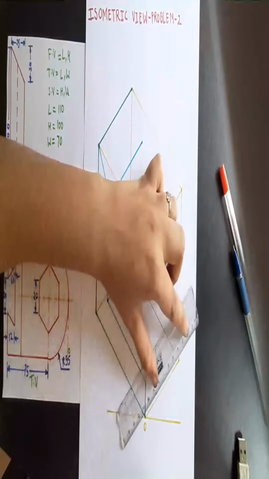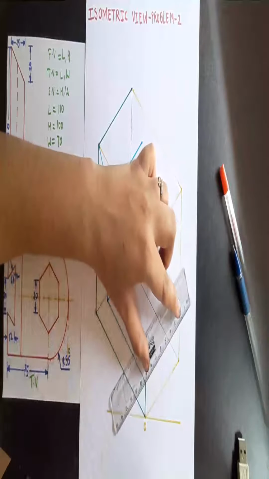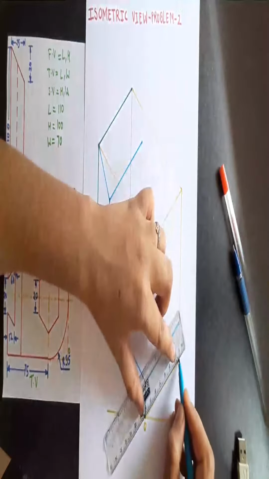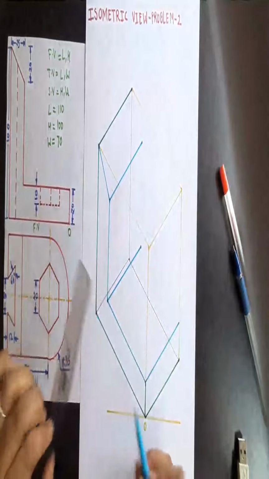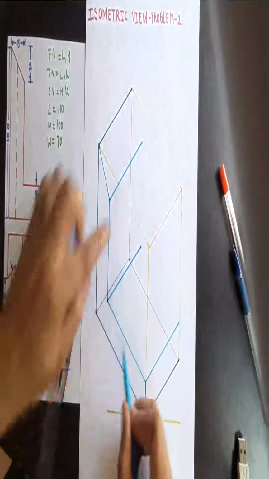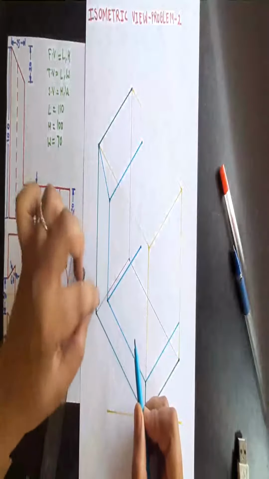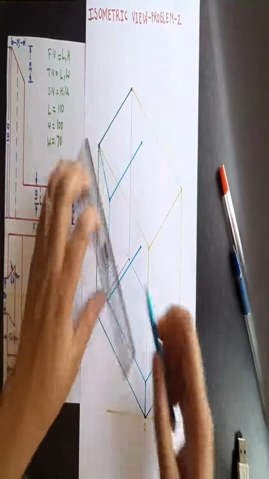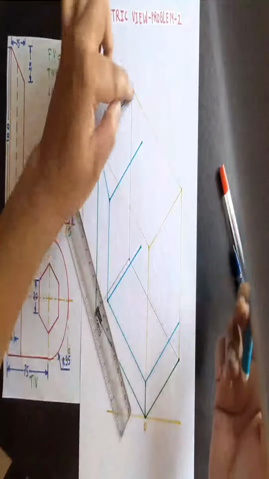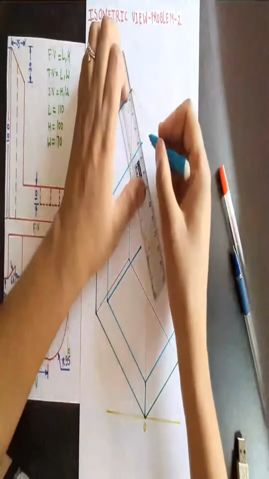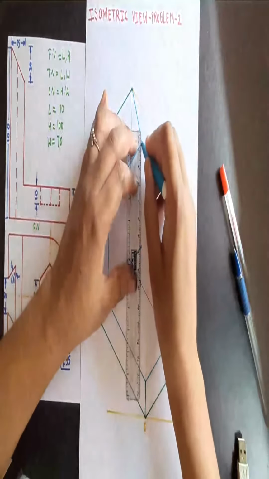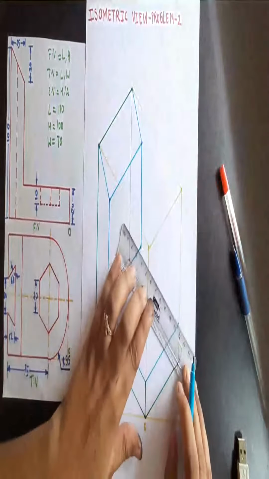Then again here, and last one is here. You can also draw the line from this point, but that will be on the back side of this one, hence no need to draw. Now draw the line parallel to these lines from this one, or you can simply join it and you will get the same lines like this.